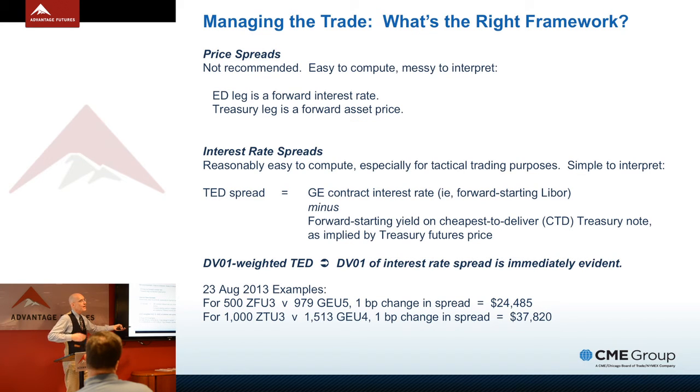If the euro-dollar futures contract rate rises a basis point, you're going to earn $24,485. If the yield on the 5-year note future falls a basis point, you're going to earn what? $24,485. Why? Because the DV01 is the same on both legs of the trade. So with a little bit of effort, your position monitoring, your P&L monitoring becomes so simple.